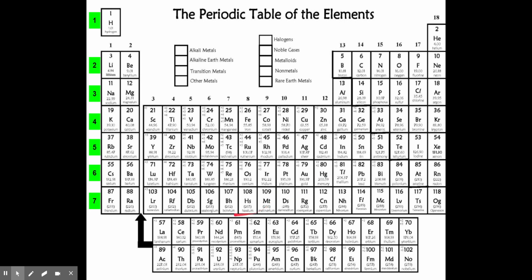One thing to note is that these 2 rows down here at the bottom would actually fit in here in period 6 and period 7. Again, notice our atomic numbers, 55, 56. We're going to follow them in order, so we would come down here, go 57 through 70, and then come back up here.